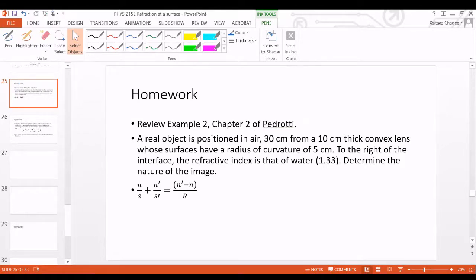Okay, I think I didn't complete this question, right? Let me just complete the question here for you. I'm just going to go back to the Pedrotti and check. Now, in this case, all you're doing is applying what you did for one surface to multiple surfaces, right?